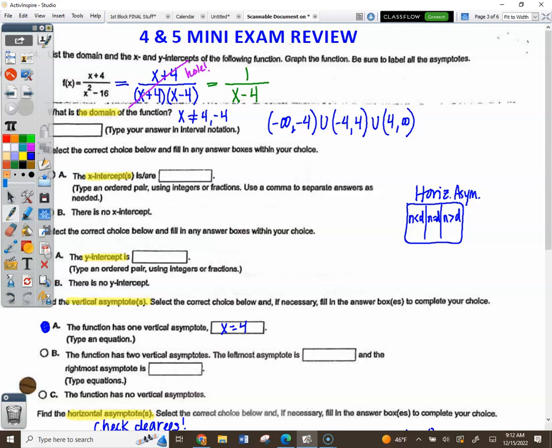But on the chapter 4 review, the full one that I gave y'all and said don't worry about now because I've condensed it, I think it was number 13 on the original review. Number 13 was, hey, this one has an oblique, tell me the equation. That's not on the final. Does that make sense? But this one could end up having no horizontal asymptote, exactly, on the final.